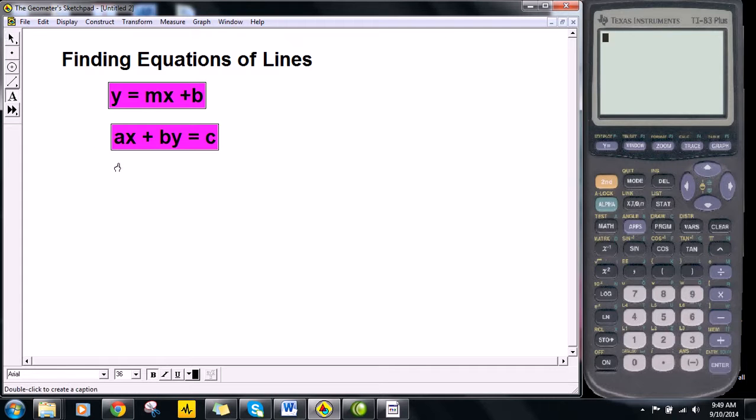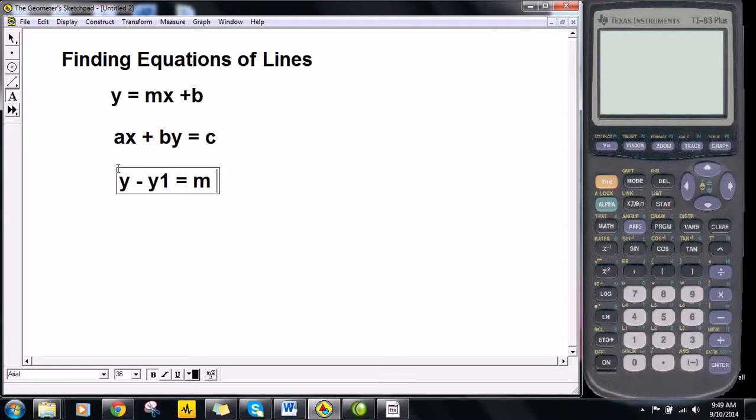But the equation of the line that I'd like to have you consider today is what's called point-slope. And it looks like this. y minus y1 equals m times the quantity x minus x1, right? And this is a helpful way to find equations of lines in a number of situations.